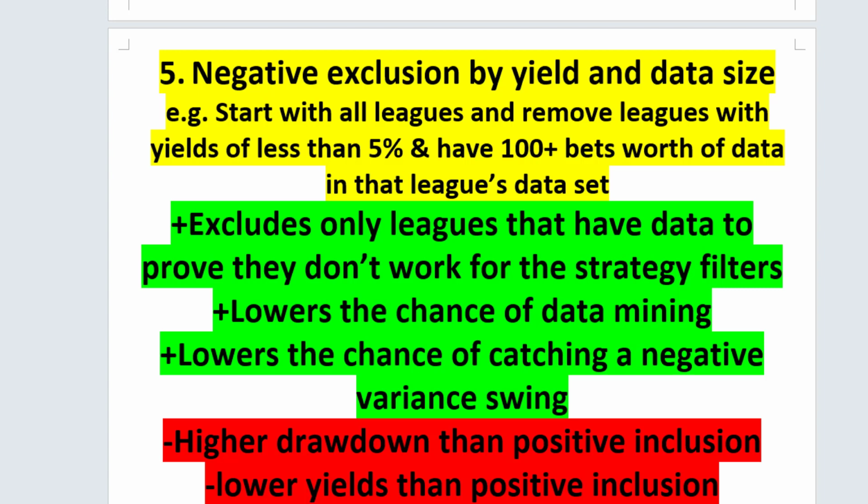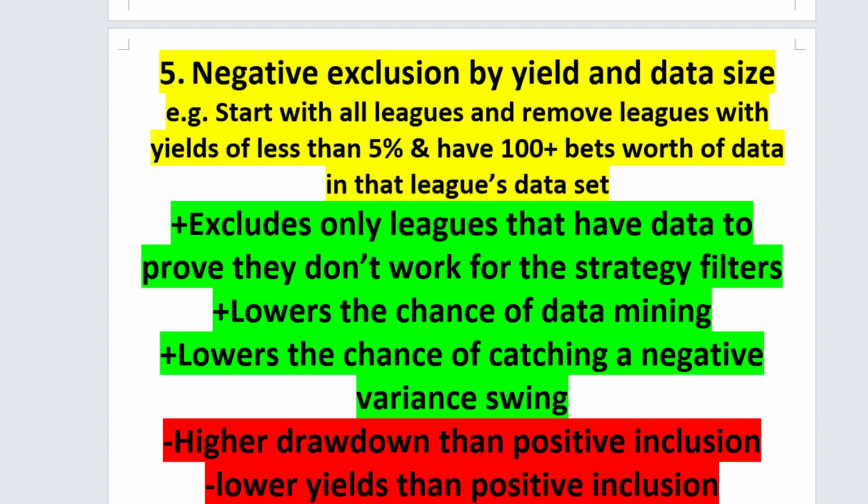But if you have a league that's making like 70% yield, but its draw rate is 55%, you know that's just a lucky run. There's no way that league is going to continue with a 55% draw rate, and that is just positive variance, just a lucky run of draws. And if you follow it, there's going to be a lot of home wins and away wins to bring that average back closer down to 25%, or even 33% with your filters applied. So that's what I mean by not catching a negative variance swing.